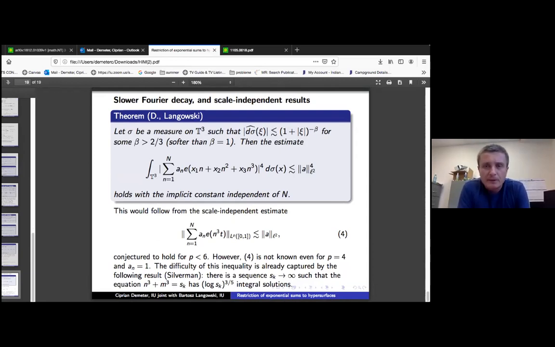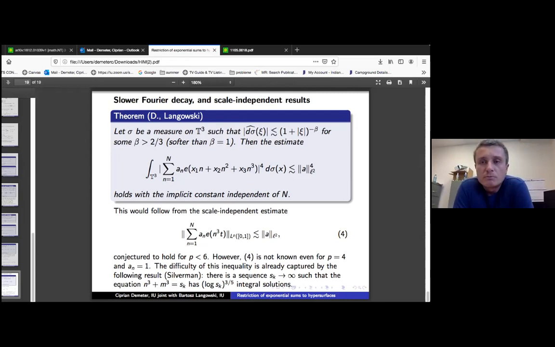One of them, just to give you an example, is the following. What if you consider slower Fourier decay? And what if you are interested in proving scale independent results, very much a la Bourgain and Rudnick? Well, we were able to prove such a result in L4 for the moment curve.